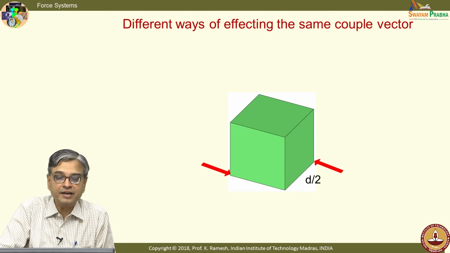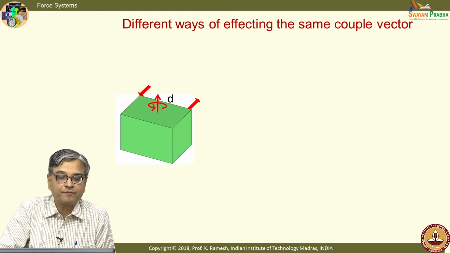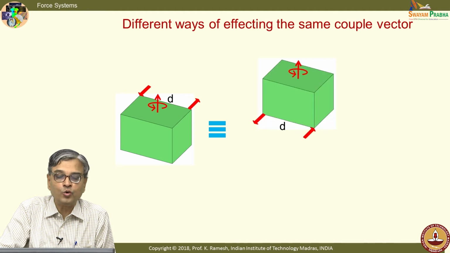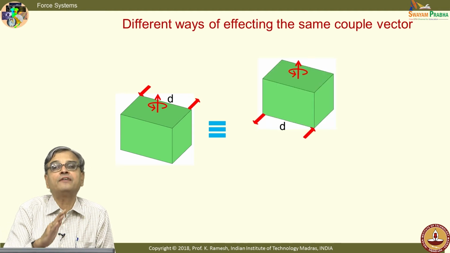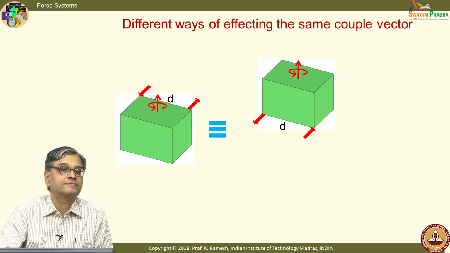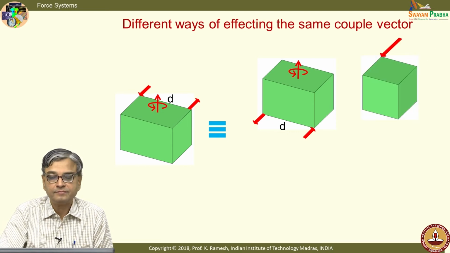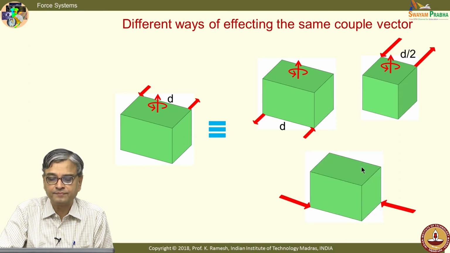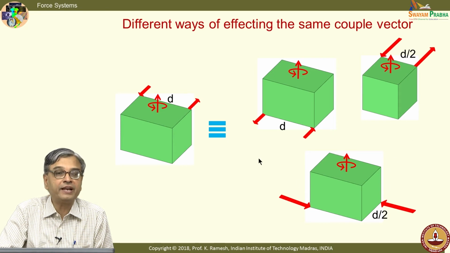So, in summary, when I have a couple system like this, this is equivalent to doing it in multiple different ways. I can do it by doubling the force and shortening the distance by d by 2, or I can also apply it in different planes.